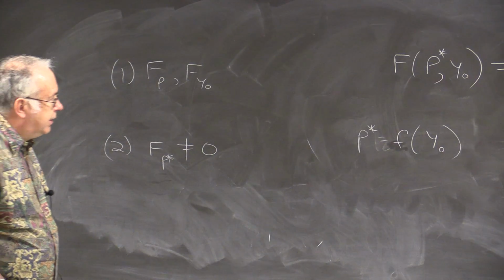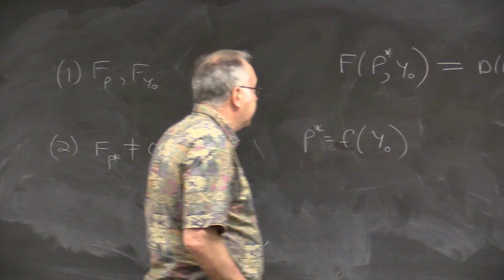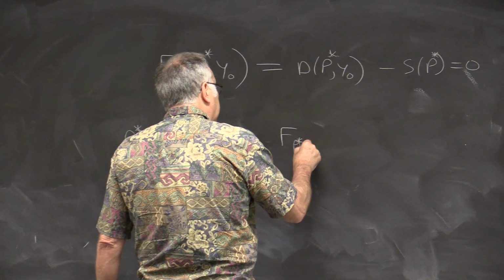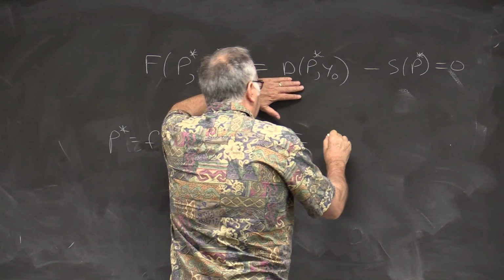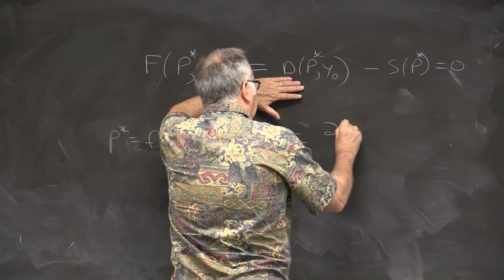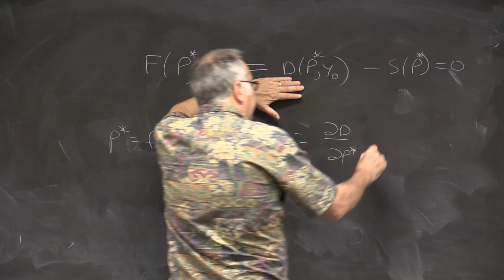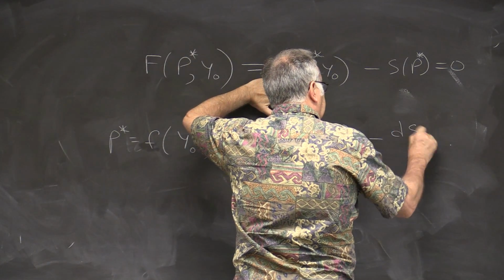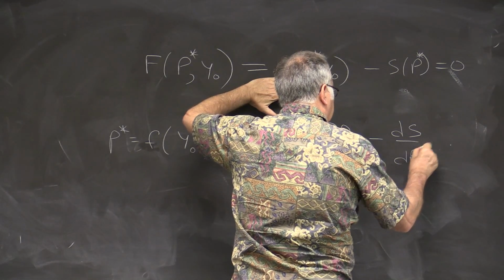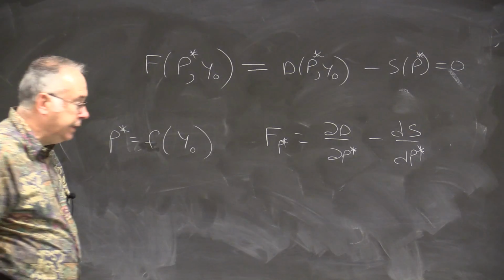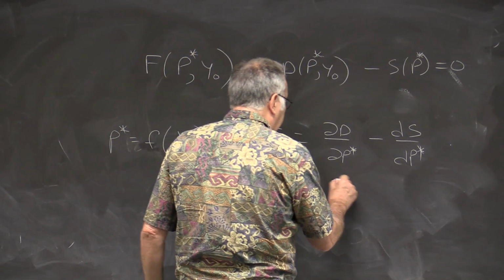0. And actually, let's find out what f sub P star is. Notice f sub P star is just this. It's partial D, partial P star, minus dS dP star. But by assumption, this is negative, the law of demand.